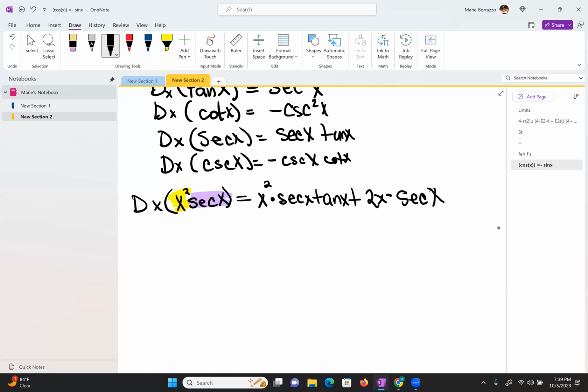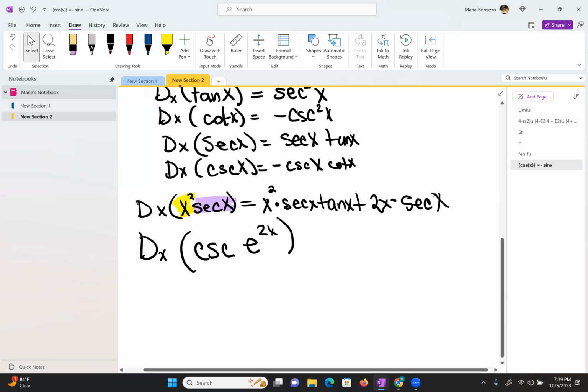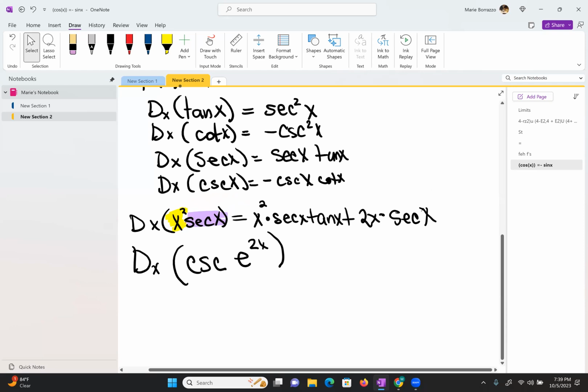I have the derivative of cosecant e to the 2x. Once again, I caution you, these are two separate functions, but I would use the chain rule here. Remember, go back to your basics.